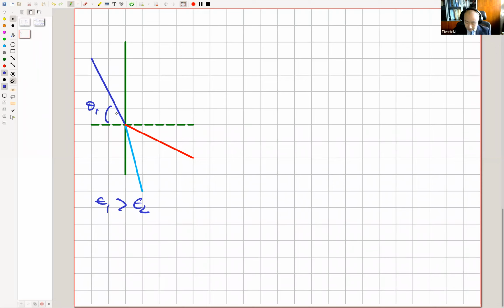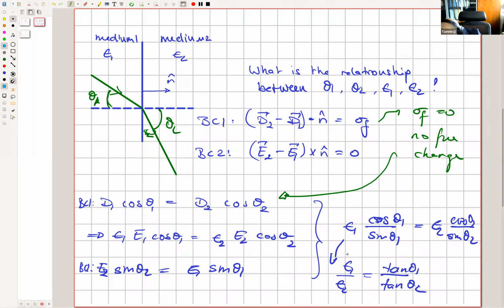Okay. Yeah, and so the opposite would be true for the other case. So let's make this epsilon 1 bigger than epsilon 2. This then becomes epsilon 1 is smaller than epsilon 2. Indeed, just taking a look at this form over here, if epsilon 1 is bigger than epsilon 2, that means tangent theta 1 is bigger than the tangent of theta 2.